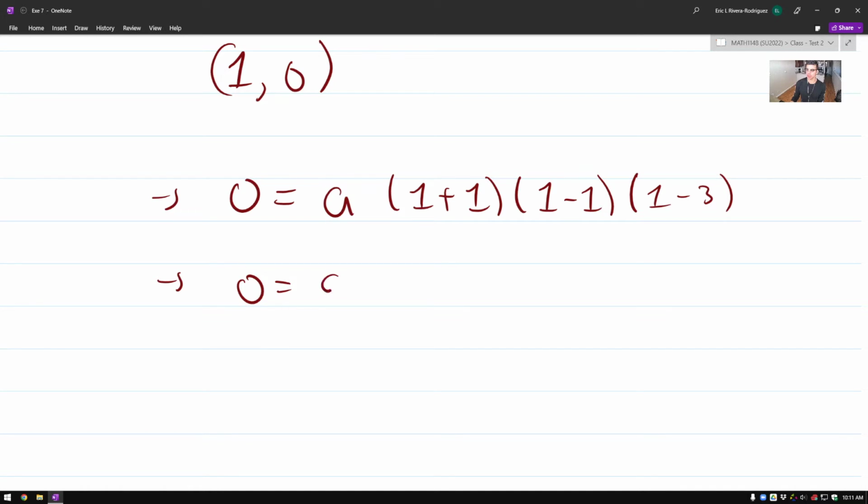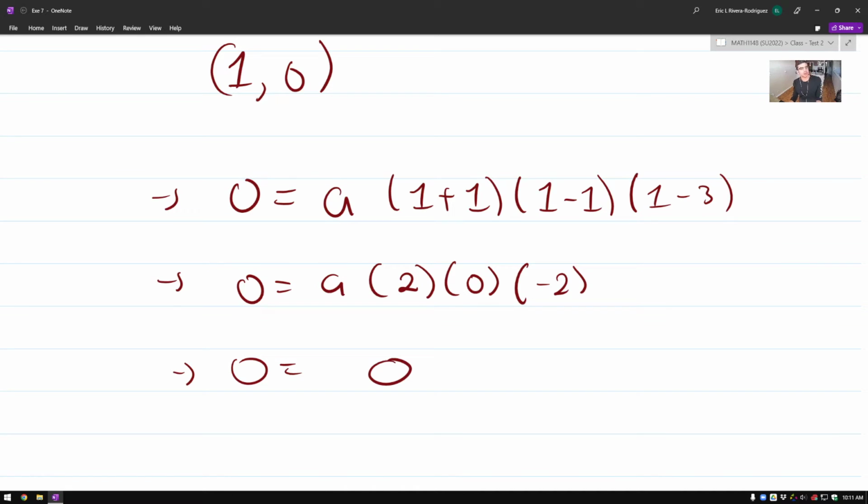We have a factor of 0 here. In this multiplication, there is a 0. What happened with the 0? It makes everything equal to 0. So you don't want to use the x-intercepts to find the value of the leading coefficient, because you are going to end up with a 0 on the right side.